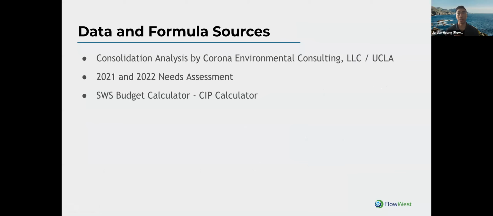A lot of the formulas that we use came from that analysis, as well as the 2021 and 2022 needs assessment. And then on the CIP side, we're using the small water system budget calculator as the starting point basis of the data and the formulas that we're using.